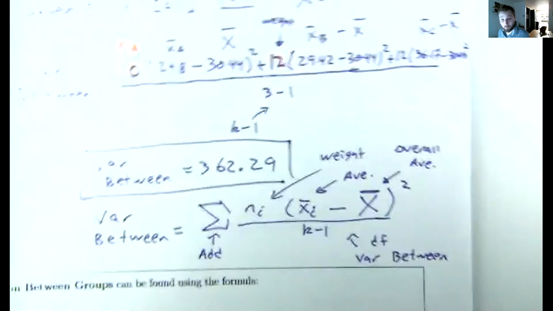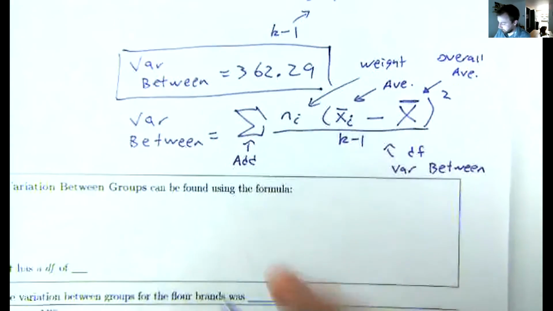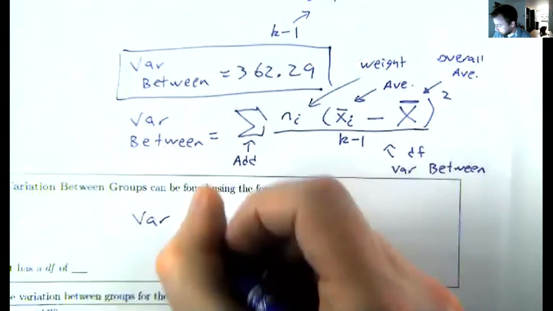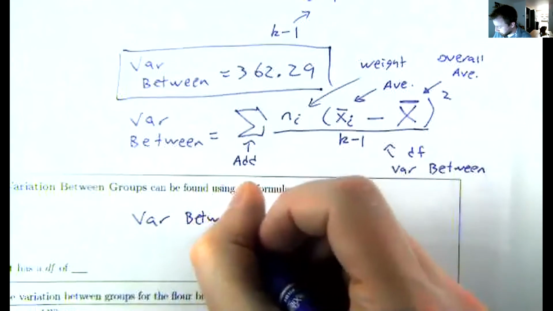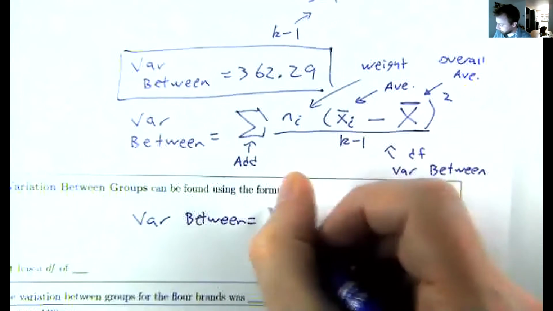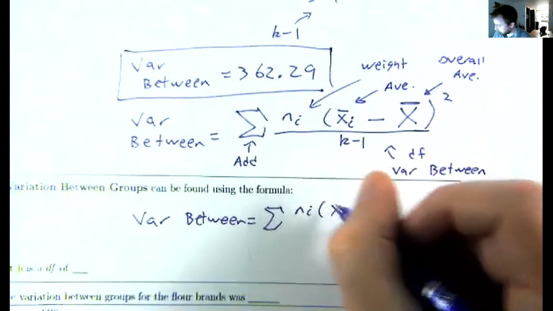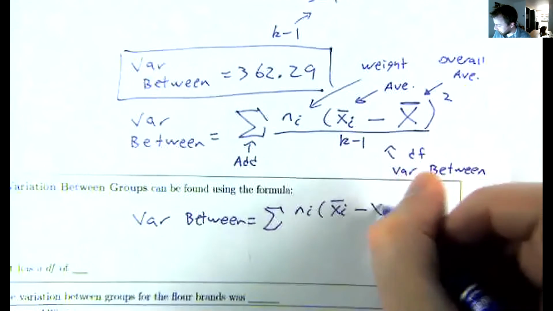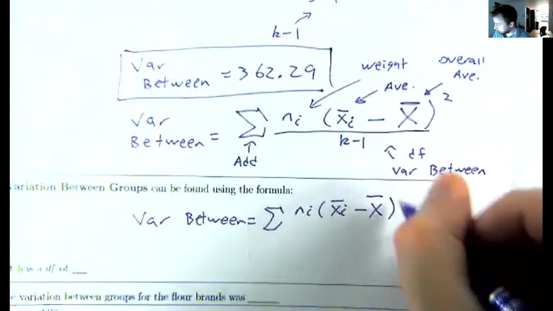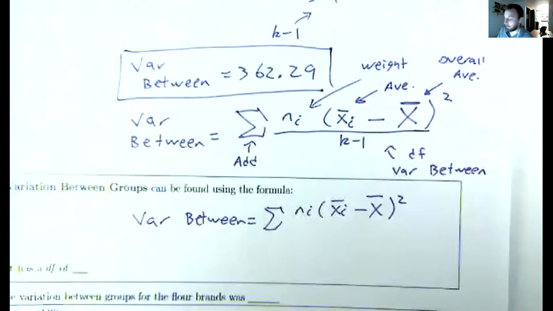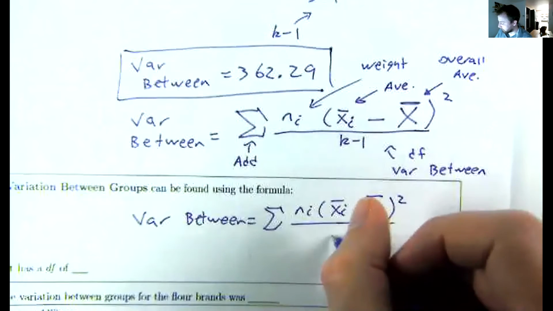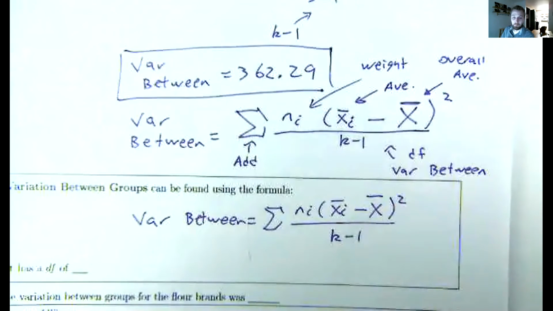I'm going to write out this formula again. My variation between groups is equal to the sum, number of samples, times X bar i, my individual averages, minus capital X bar squared, average of all of my values, divided by k minus 1. The number of groups minus 1 will give me the degree of freedom for the number of groups.